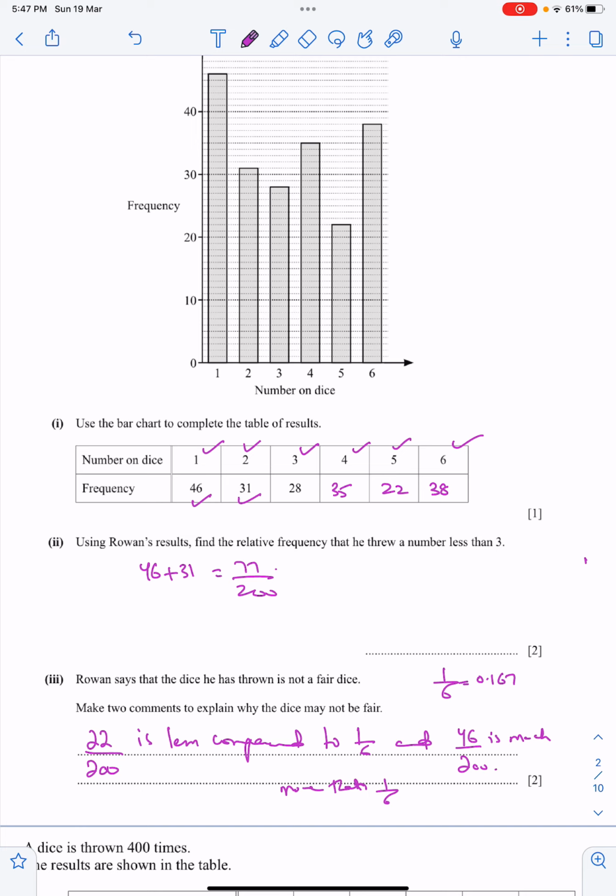But if it is 200 divided by 6 outcomes, we get about 33. They are not exactly 33 because it's a game of chance, but they should be closer to it. There's a vast difference in the numbers, that's why we can say that the die is not fair.